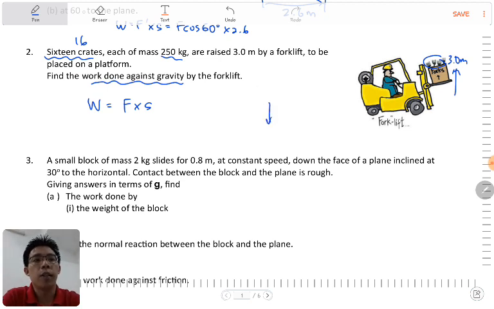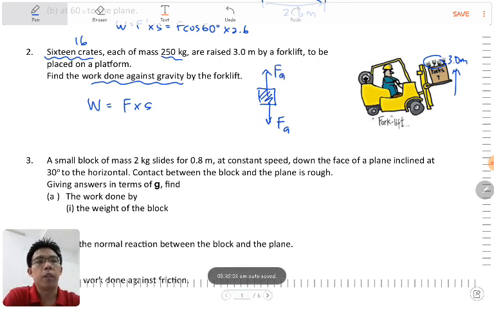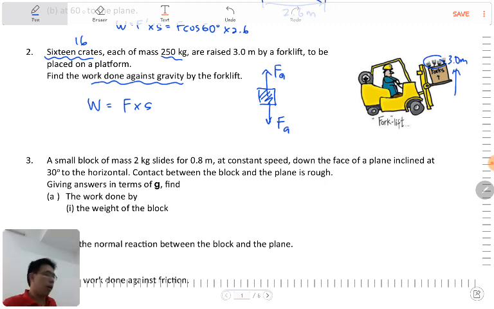So gravity exerts a downward force on the crates, and therefore if the forklift were to lift it up, it must lift with a force that is at least equal to the gravitational force.